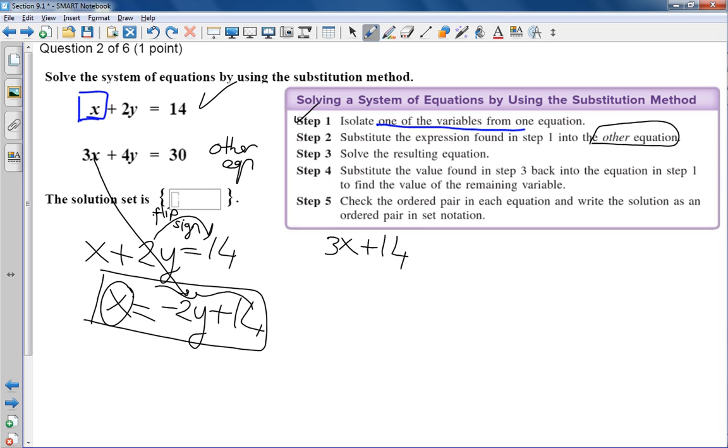It's not 14. So all you need to do is don't touch y's, but x will take this form.